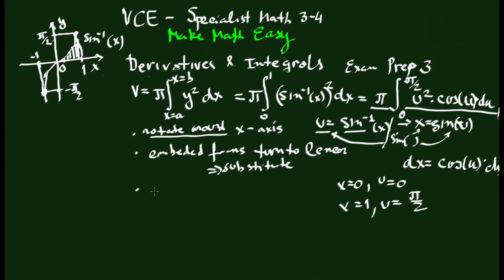Integration by parts says integral of u dv equals u times v, and then we have the integral minus v du. So that's our integration by parts.